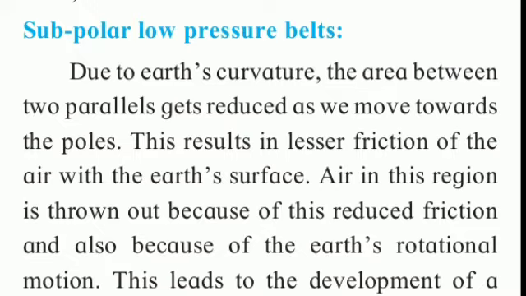Air in this region is thrown out because of this reduced friction and also because of the Earth's rotational motion. This leads to the development of a low pressure belt. This condition is observed in the area between 55 degree and 65 degree parallel in both the hemispheres.